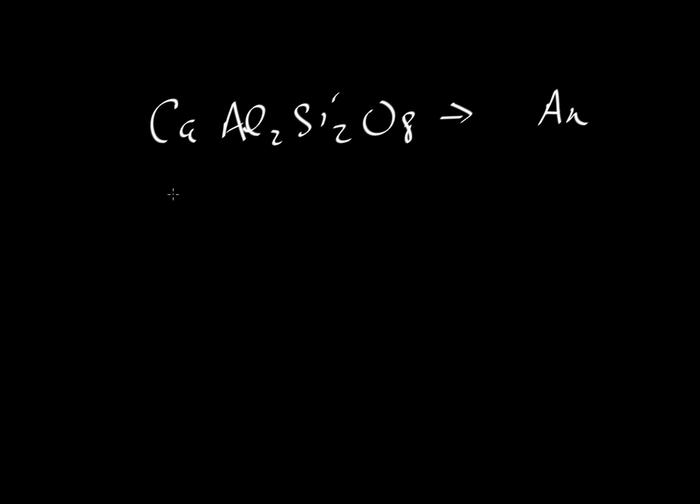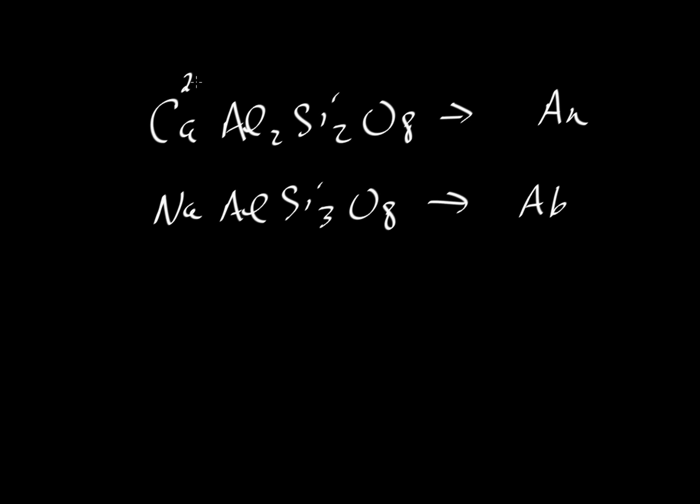We do the same thing with the feldspars. So we have CaAl2Si2O8, and in the plagioclase series, that is the mineral anorthite. And then we have NaAlSi3O8, which in the plagioclase series we call albite, or we abbreviate them AN and AB respectively.